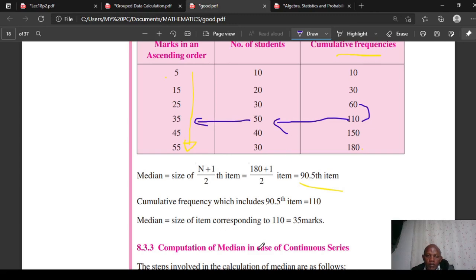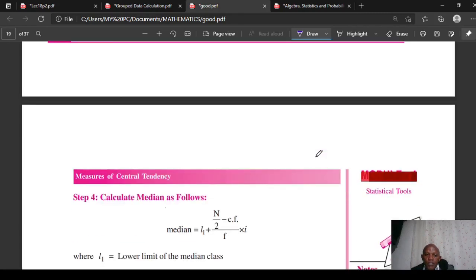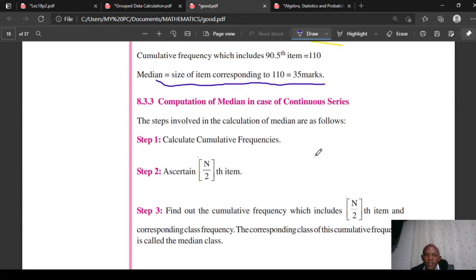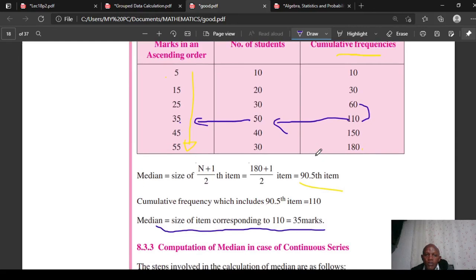So you can see this median has a corresponding mark of 35. And that's how we get it, as simple as that. Now, suppose it was continuous data. Remember, this is discrete. What about if it is continuous?